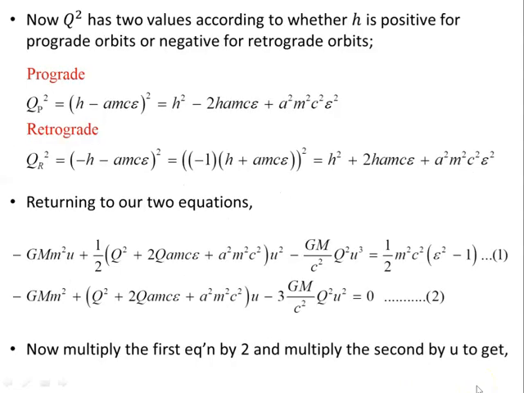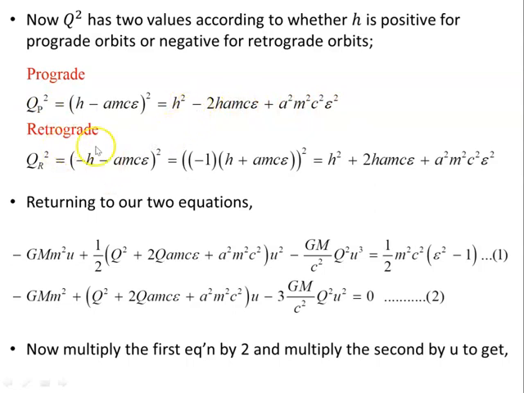Now at this point, I'll just interrupt a bit and point out that Q squared has two values according to whether h is positive for prograde orbits, that's co-rotating with the black hole, or negative for retrograde orbits, that's rotating against the rotation of the black hole, counter-rotating. In the prograde case, h is plus, and we expand all this out to give us Q_p squared, which is all of this, there's a minus there.